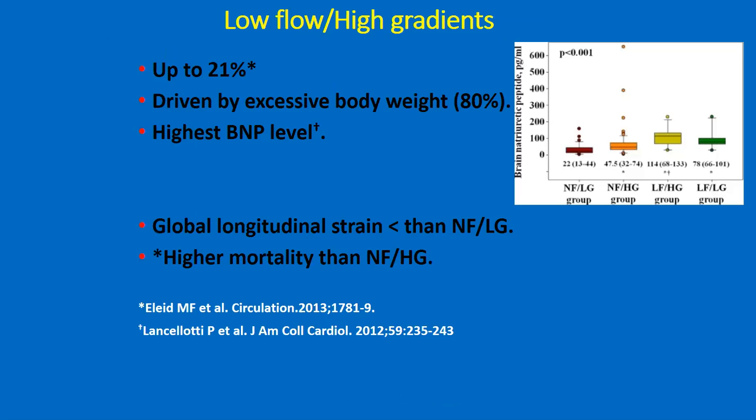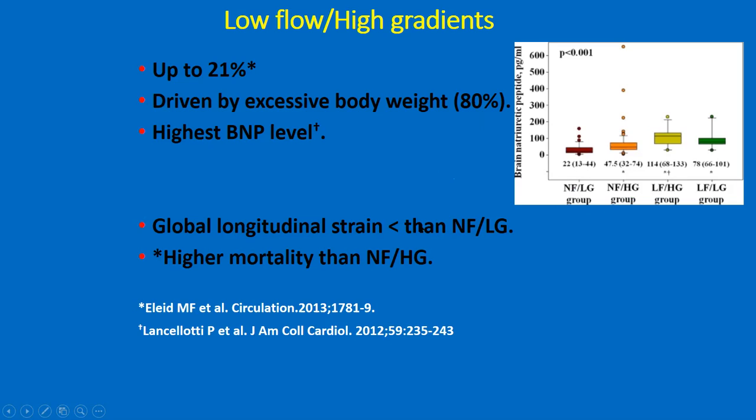The third category is low flow, high gradients, seen in about 20% of patients, driven by excessive body weight, about 80% of them, and they have the highest BNP level as reported in a study by Dr. Patricio Lancellotti a few years ago.